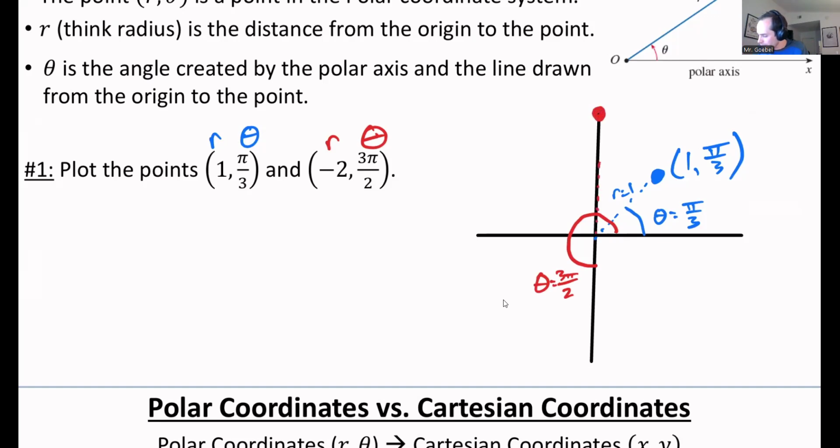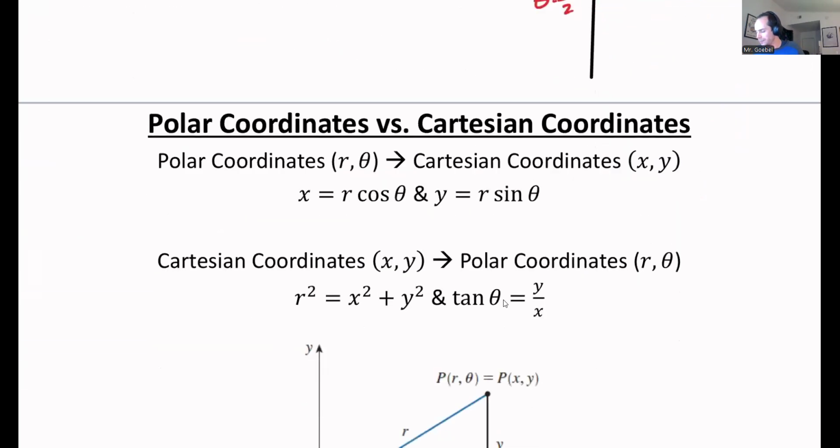That puts me up here, (-2, 3 pi over 2). So even though normally we would think about that as being like pi over 2, since r was negative, that sent us in the opposite direction. All right. So that's how we plot the points.